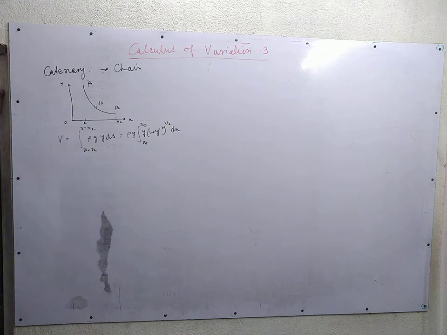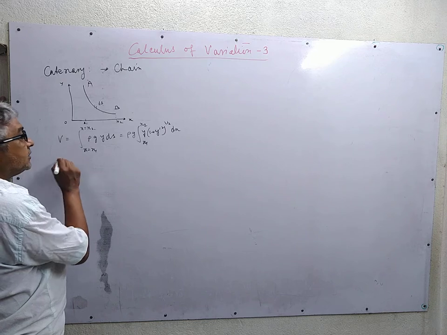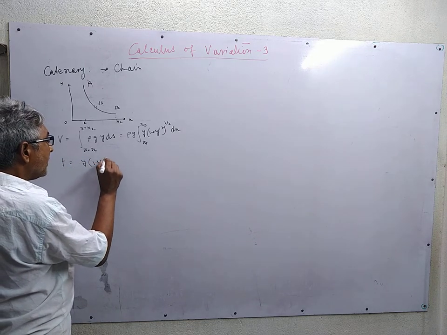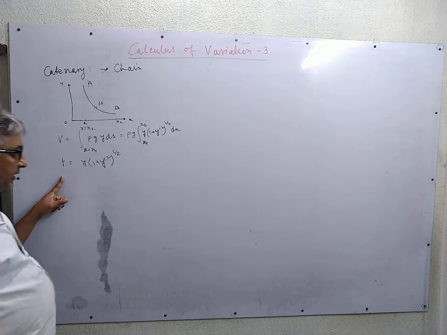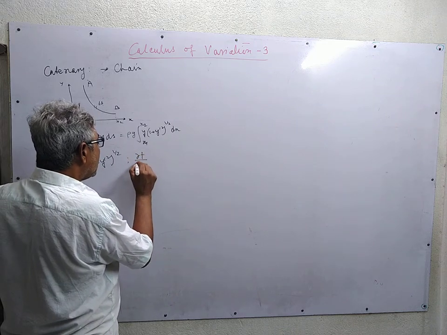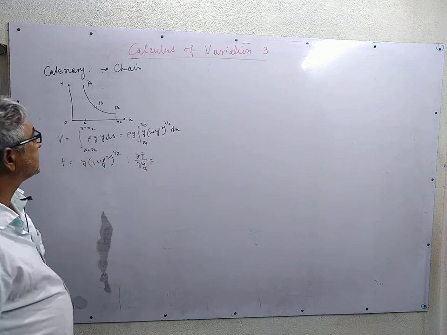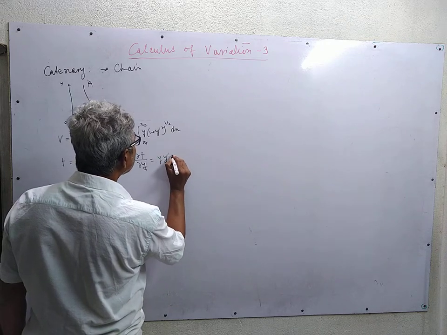The shape of the chain is determined by the minimum value of V, so we consider it as an extremization problem, and F in this case becomes y times square root of 1 plus y prime square. F does not depend explicitly on the independent variable x, so we shall use the second form of the Euler-Lagrange equation, which requires this derivative.